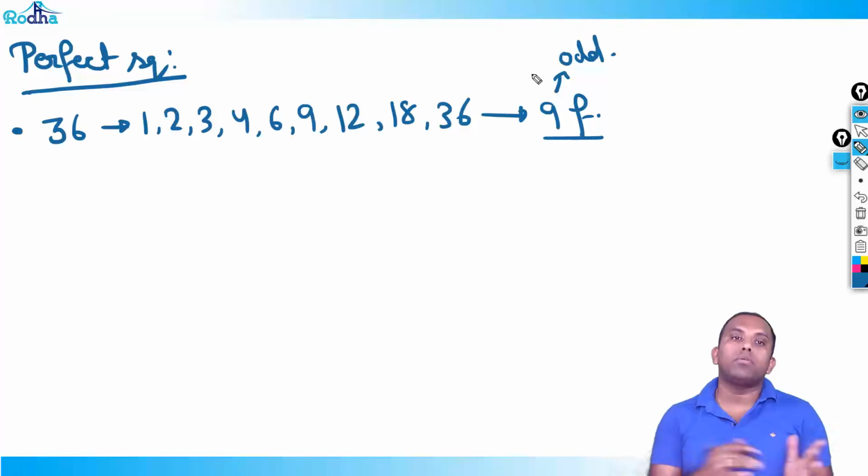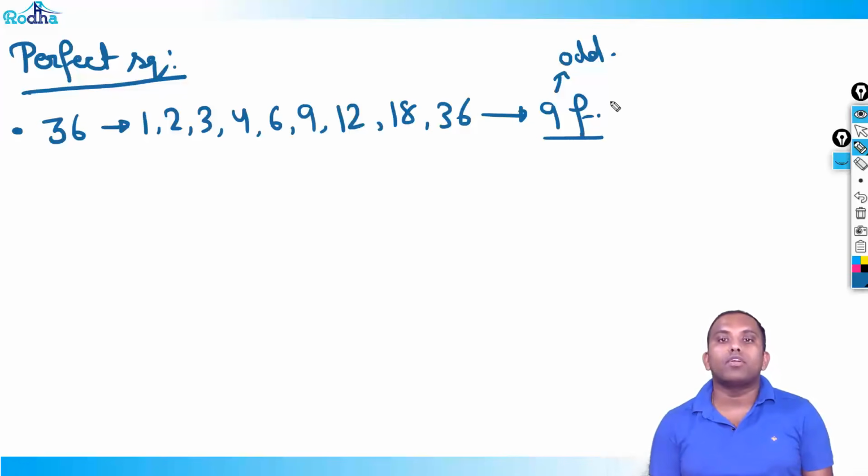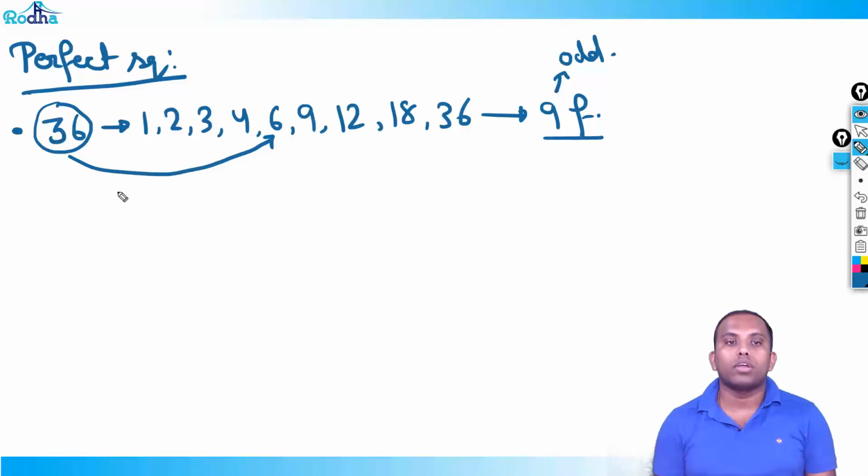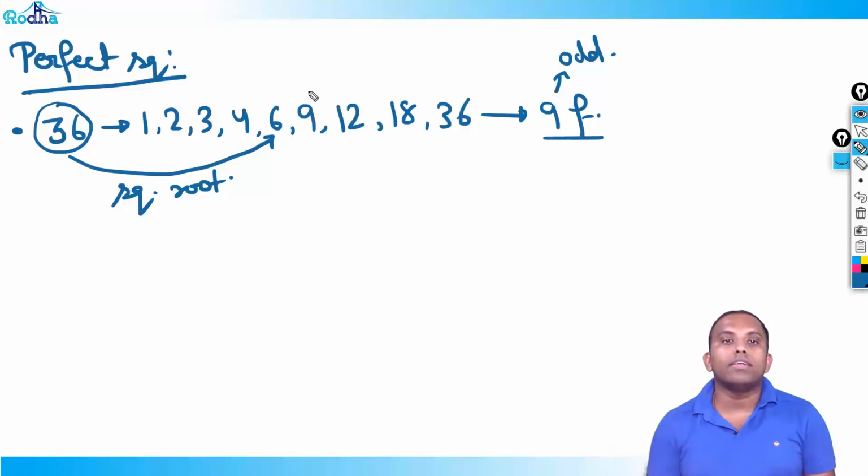In all the previous cases we have discussed, wherever we had taken non-perfect squares, we always had an even number of factors. Here we have an odd number of factors. Why? Because a perfect square has a square root, and the square root, 6, will also be an integer.